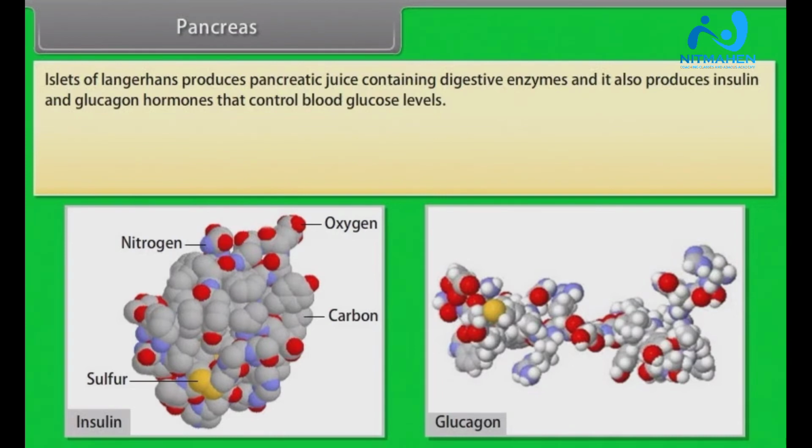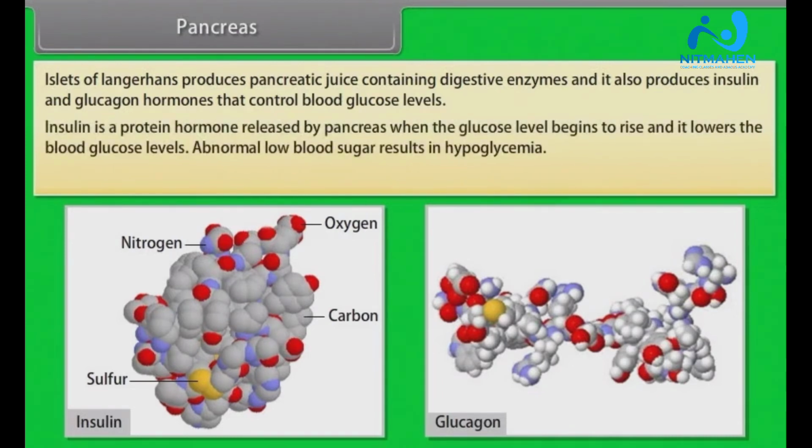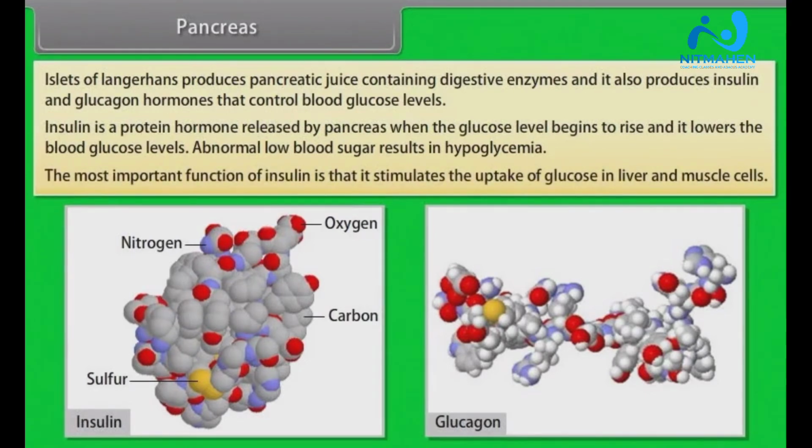Insulin is a protein hormone released by the pancreas when the glucose level begins to rise, and it lowers the blood glucose levels. Abnormally low blood sugar results in hypoglycemia. The most important function of insulin is that it stimulates the uptake of glucose in liver and muscle cells.